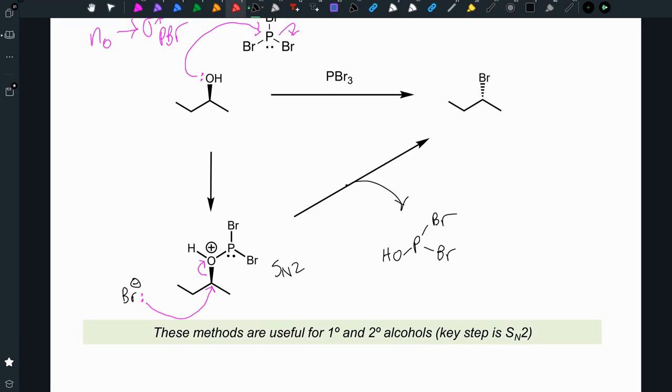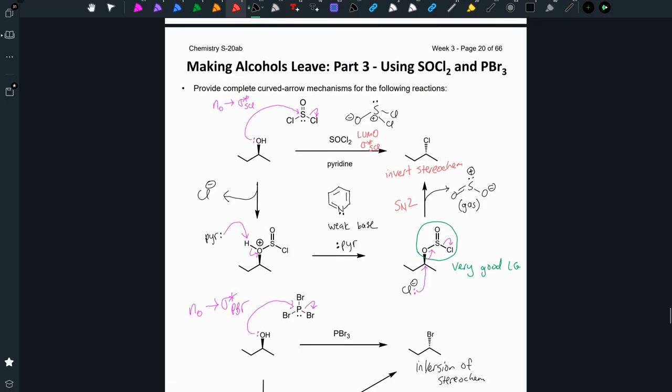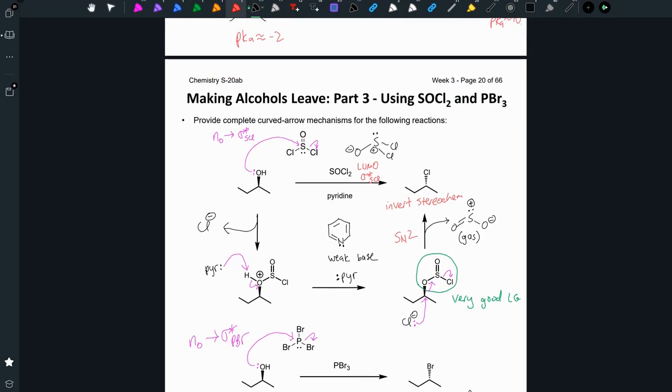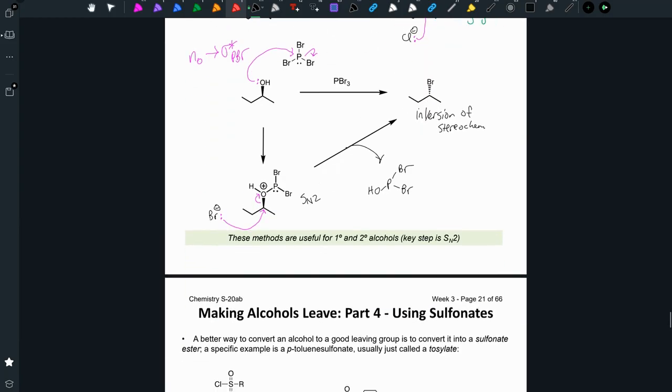So again, we see that there's inverted stereochemistry. So one tool to put in our toolbox to make an alcohol into a better leaving group is to use one of these two reagents. It does an SN2 reaction, gives us an alkyl halide.